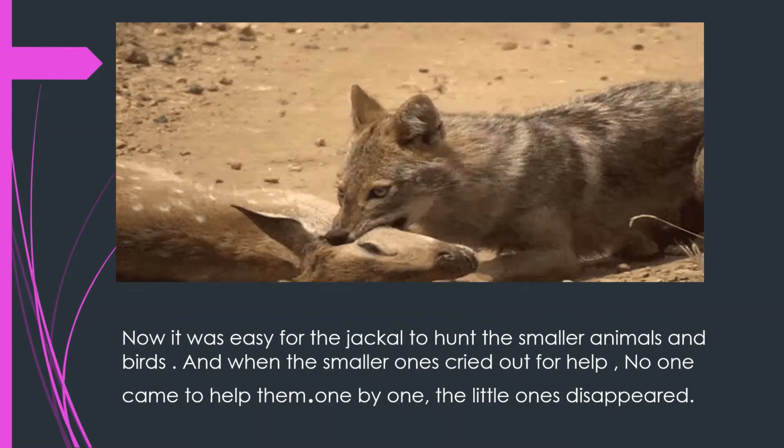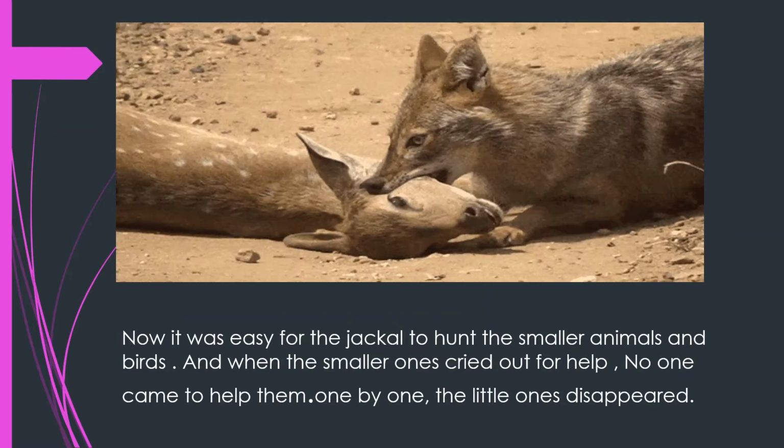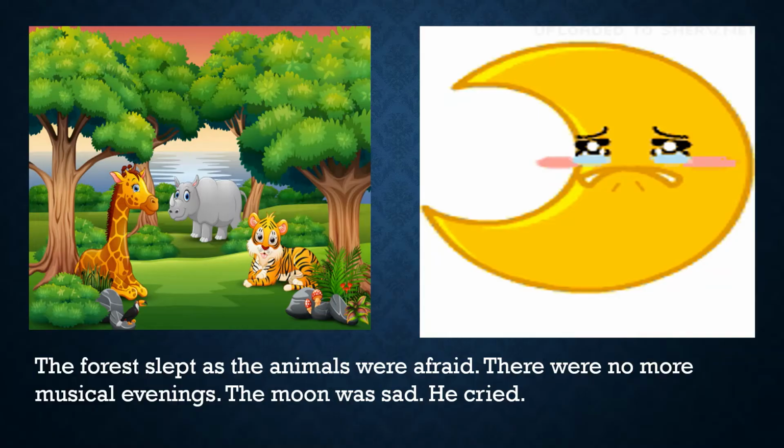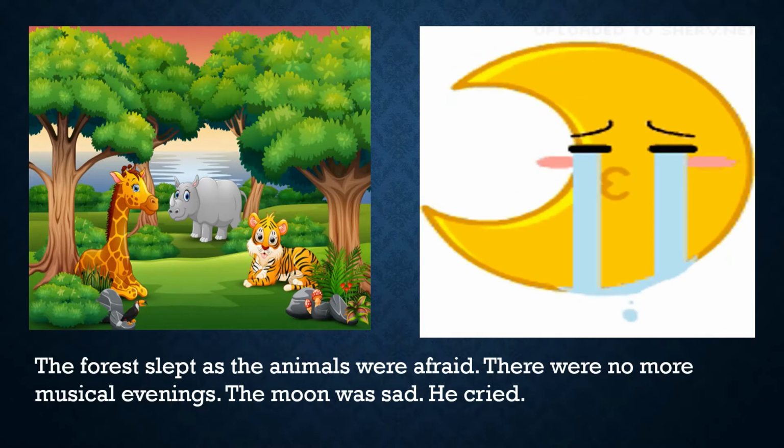The forest slept as the animals were afraid. There were no more musical evenings. The moon was sad, he cried. All the animals were in fear, seeing the animals vanishing one after the other in the forest. They slept with fear because they might also vanish from this forest one day. Now there is no musical evening, no singing and dancing among the animals.